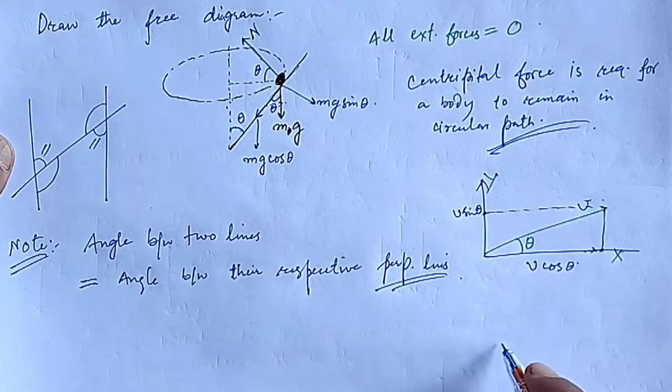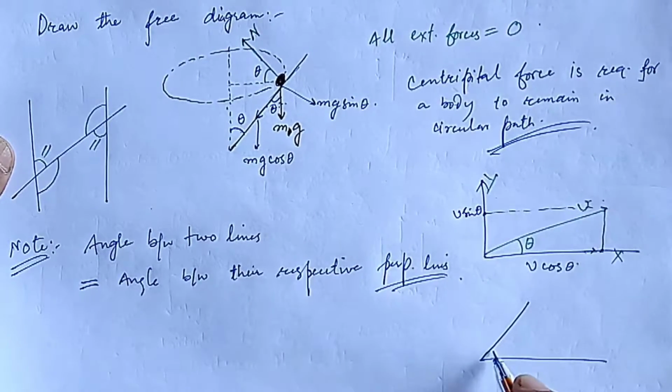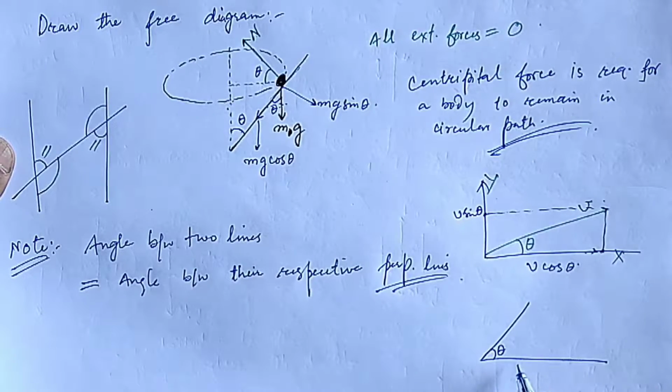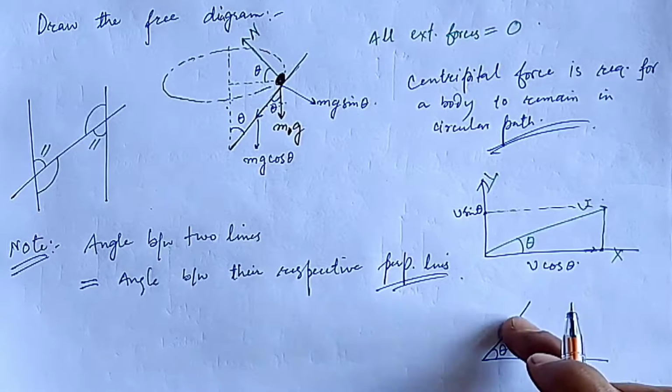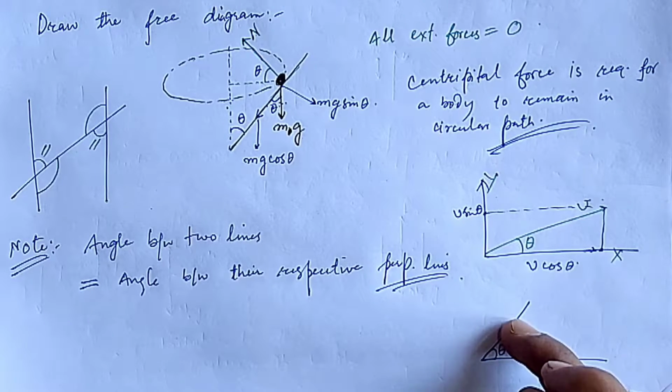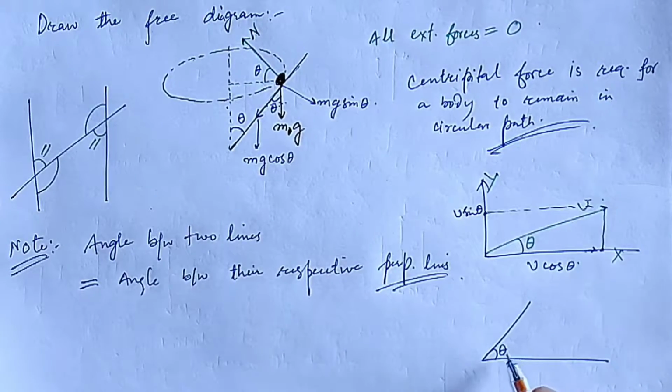So if we have two lines here, one like this and another like this, and this is the angle theta between them, then the perpendiculars to these two lines will also meet at some angle, and that angle will be the same as theta.